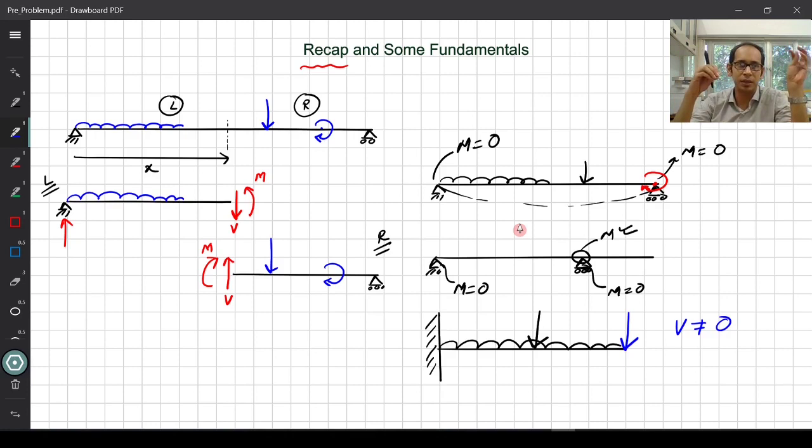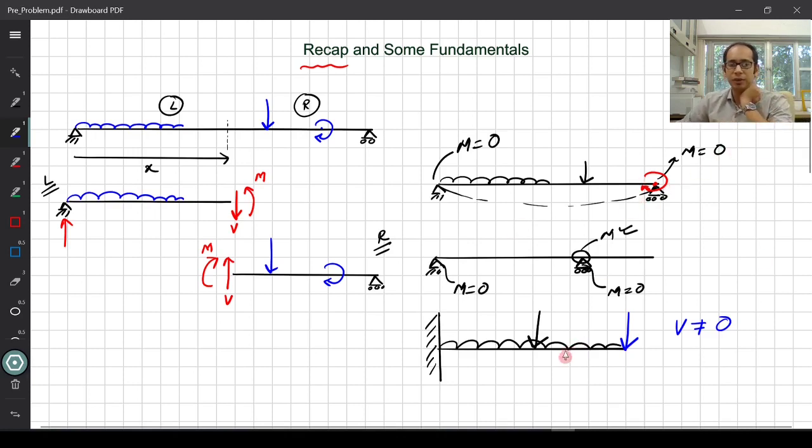If you have pins at both ends of the beam, and after you have found the shear force diagram and the bending moment diagram, the bending moment has a finite value at the end, that should tell you then and there that something is wrong. If you have a pin or a roller, you cannot possibly have a bending moment unless of course an externally applied moment is there, which I showed at this particular point over here.